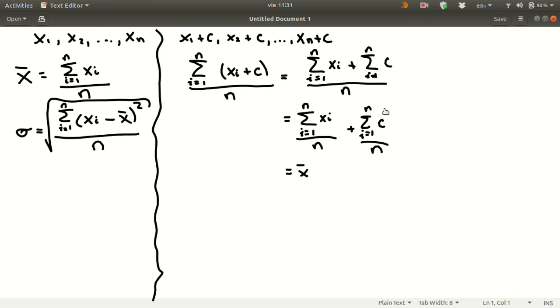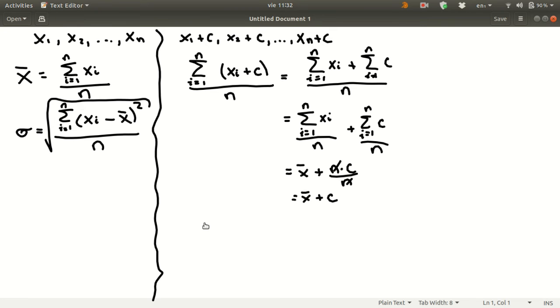And the second term, if we add c n times, then that's going to be n times c, because we're adding c n different times, one for each data member, and we divide by n. Of course, we can cancel these n's, and in the end we get the original mean added to the constant c.